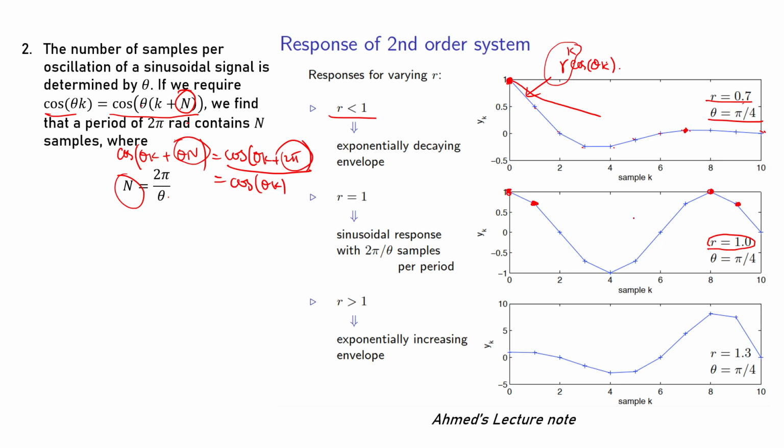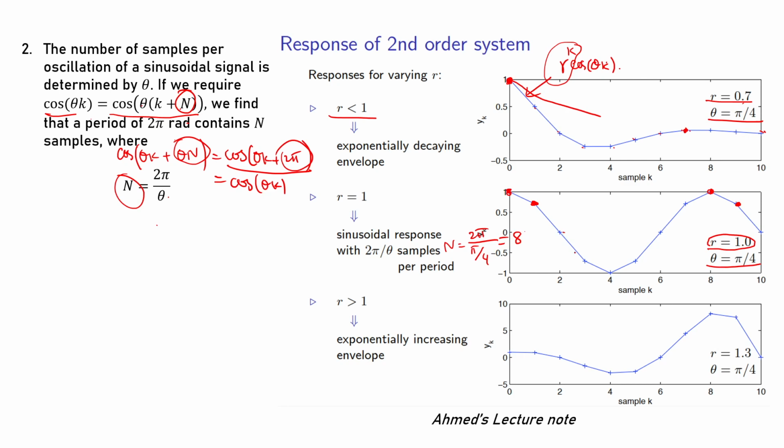Then you can count the number of samples. If theta equal to pi over 4, then n equal to 2 pi divided by pi over 4, so equal to 8 samples.